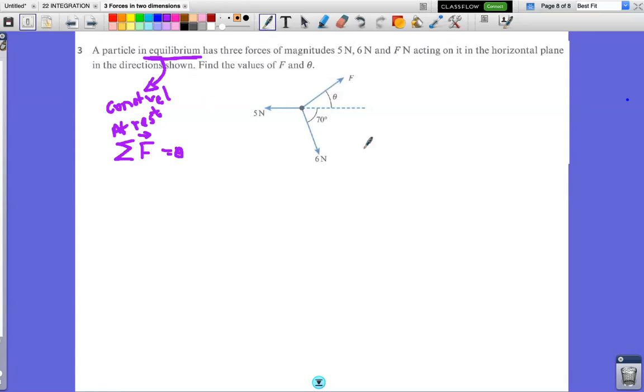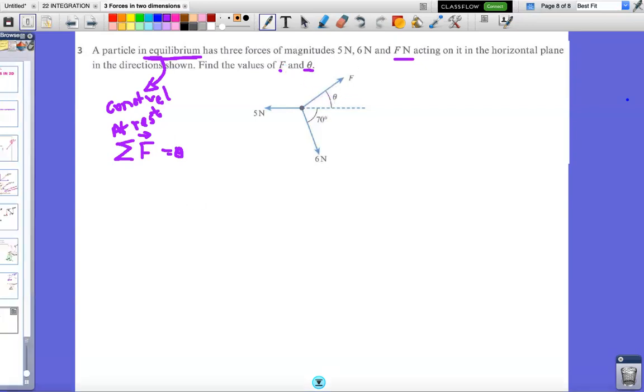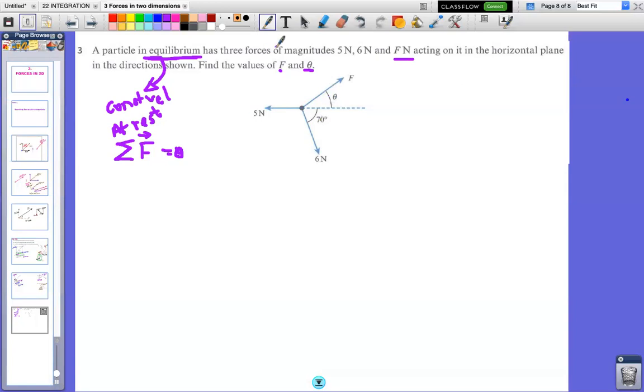So we would come here, we are asked to look for F and theta, to look for this force and to look for this angle. So we will simply look for all the horizontal and vertical components. F will have a horizontal component here, which is F cos theta.